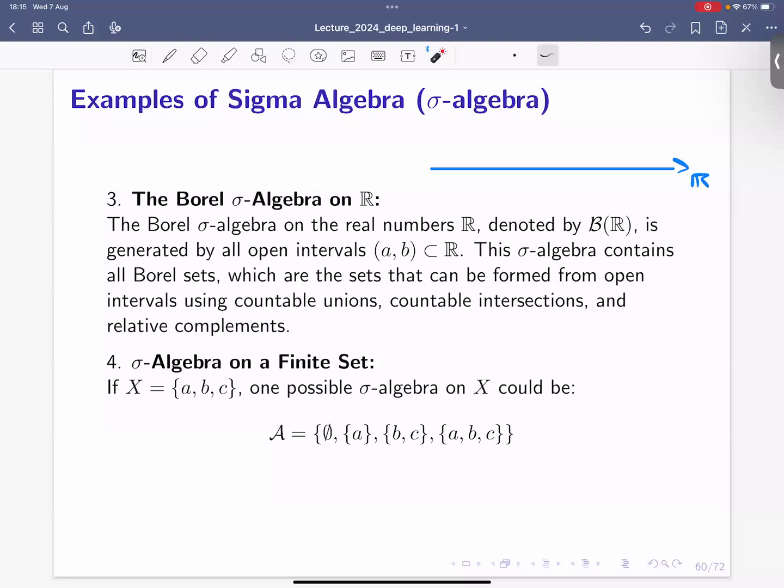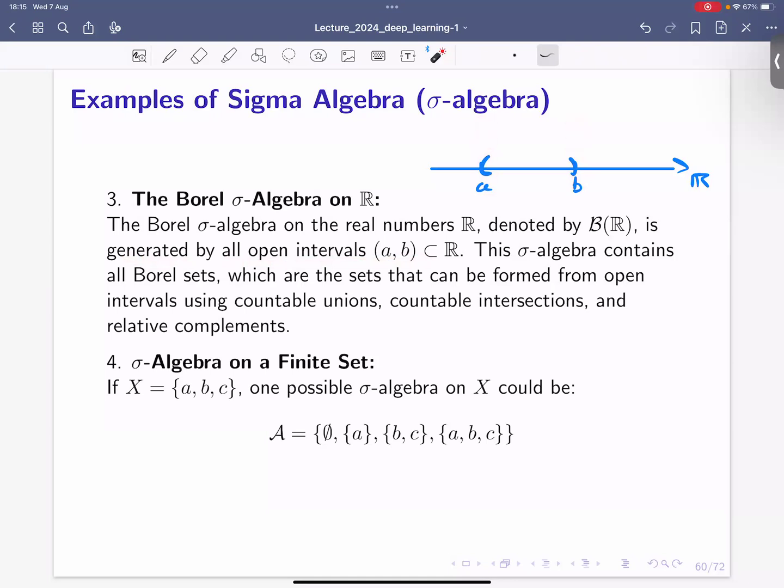This is the sigma algebra that is generated, I'm going to explain this in a minute, by all the open intervals on this set. So, for instance, let's take a and b, and then we take the open interval. So we denote it in this way, right? Remember that open means that you're not including a and b. So we usually denote it in this way, while a closed interval would be something with square brackets instead.